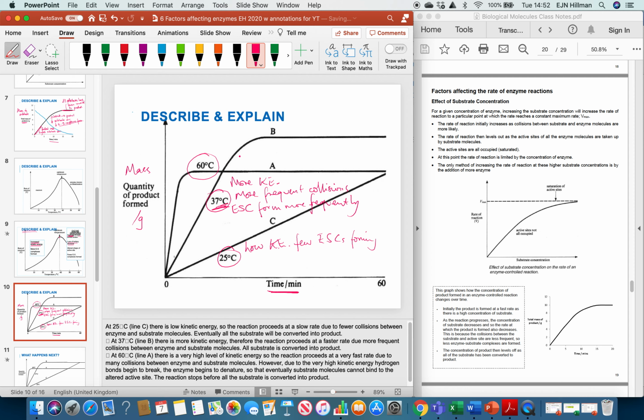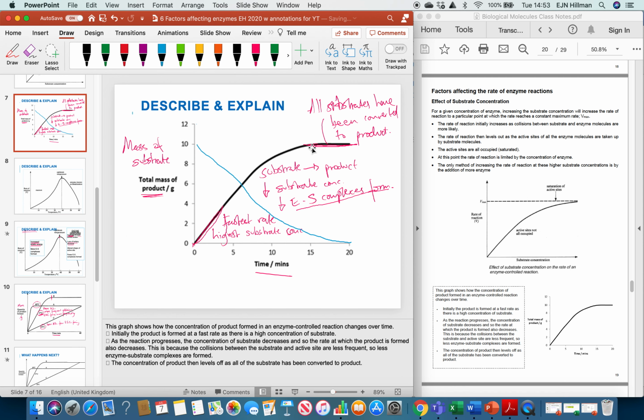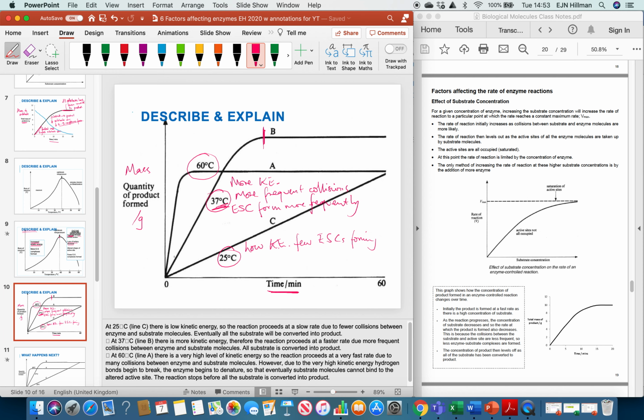Okay, now we can see in this line B that at this point the quantity of product formed stops increasing. The reason for that, as we said earlier on when we looked at this graph, is that at that point where it plateaus, all of the substrate has been converted into product.